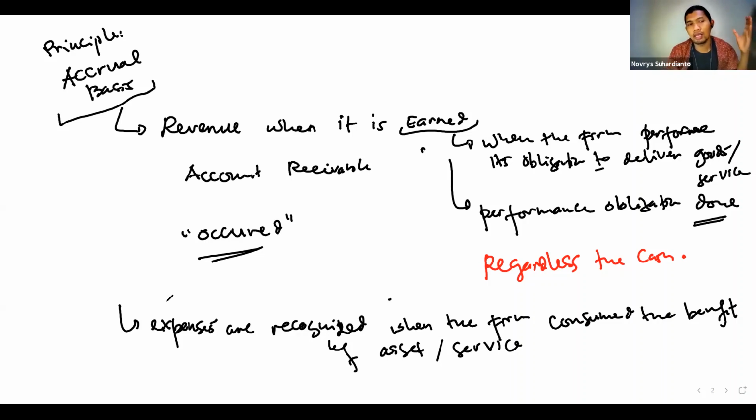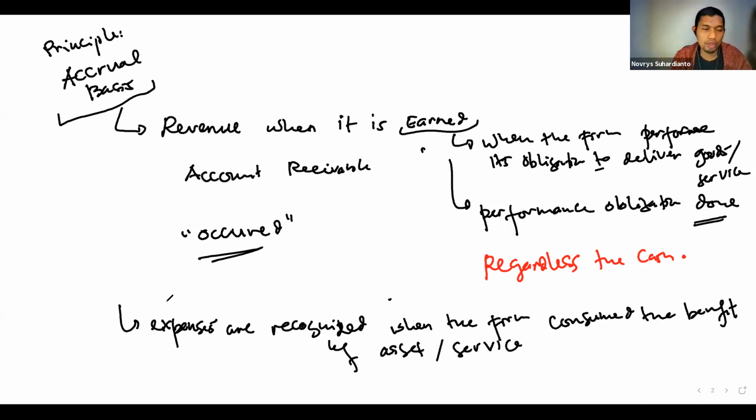So in that sense, cash basis is not appropriate to be used in the modern economy or modern business. But it can still be used for, suppose, individual accounting or small organization accounting, it's fine. But for modern accounting, we cannot use that because it creates problems in the end.